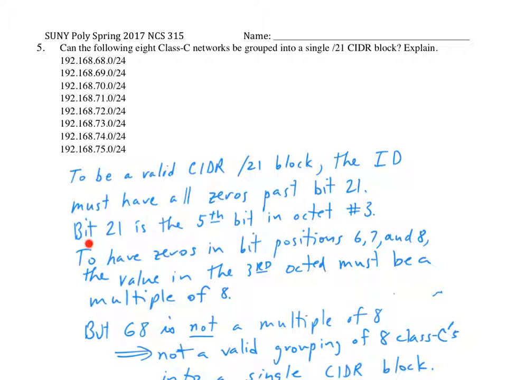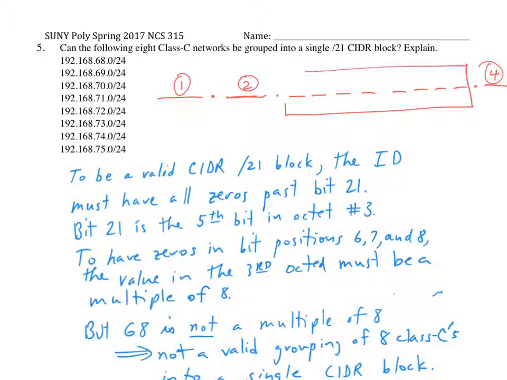And so bit 21 is the 5th bit in octet number 3. Here's octet 1, octet 2, and here's octet 3, and here's octet 4. And then here are the bits in octet 3.